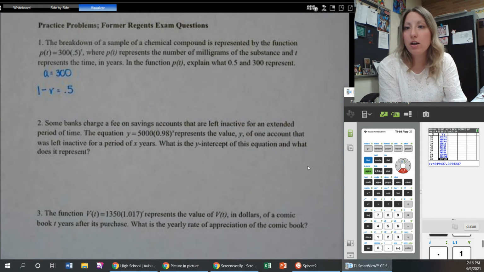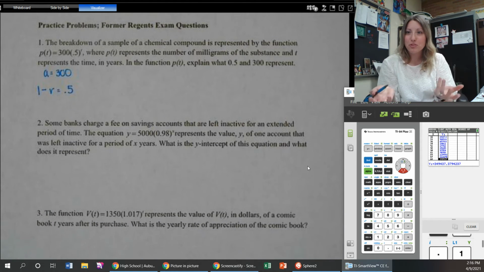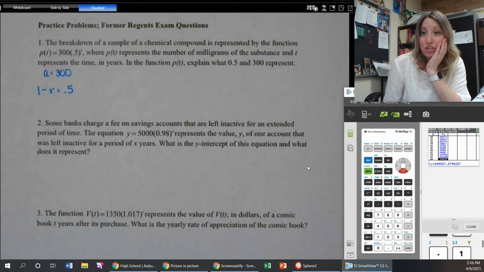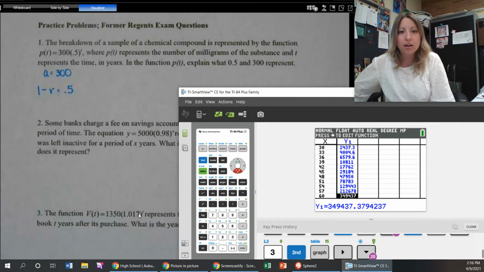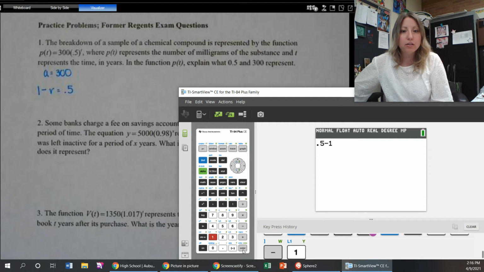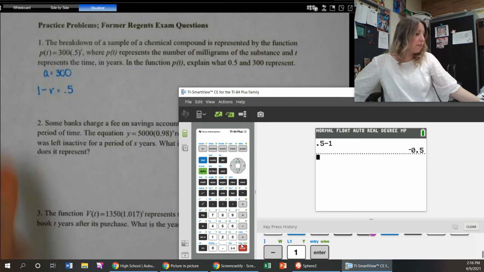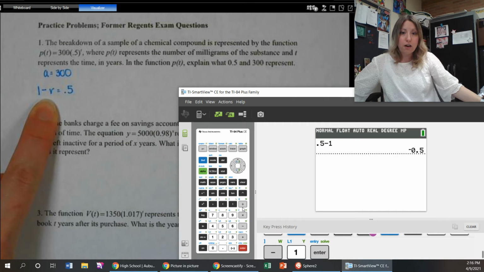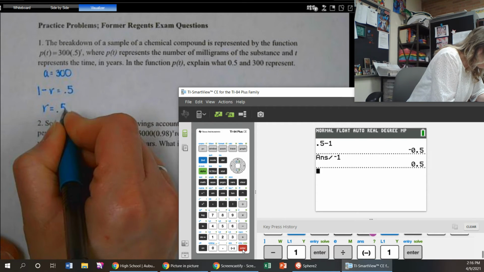So if you want to isolate your rate, you need to subtract 1 and then divide both sides by -1. Now, this one's a lot easier to see in your head, but I'm going to show it to you on the graphing calculator anyway, in case you run into one that's not as easy to see in your head. So 0.5 minus 1 leaves me with -0.5. And now, because I'd have a negative r left, if I just divide this by -1 to get r all by itself, I'm left with a rate of 0.5.